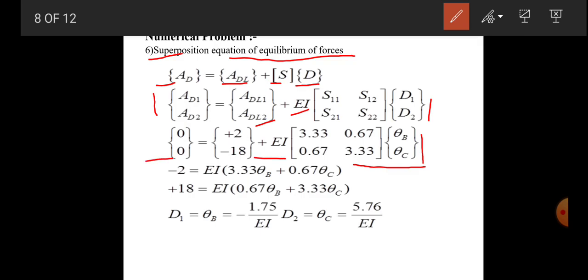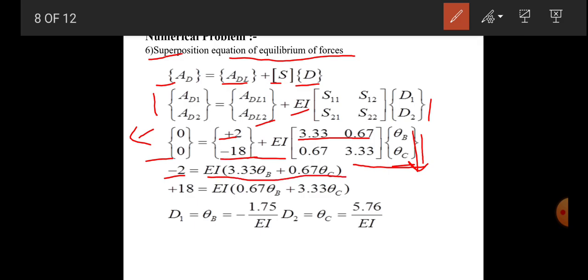equations. Now take this 2, which is ADL1, plus 2, toward the left hand side, it becomes minus 2. Now the first row of the stiffness matrix is 3.33 into theta B plus 0.67 theta C, taking EI outside.